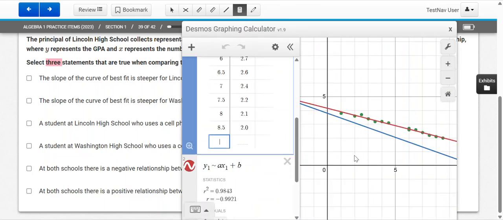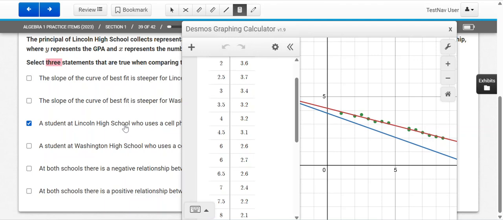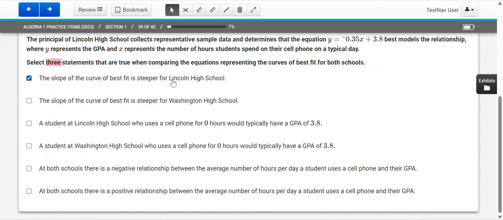Steeper just means that it goes down faster. For example, the one in red, Washington High School, is going down slowly, but for Lincoln High School, it's going down faster. So for Lincoln High School, the slope is steeper.